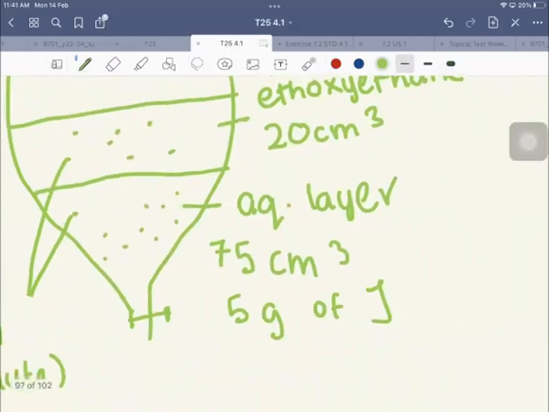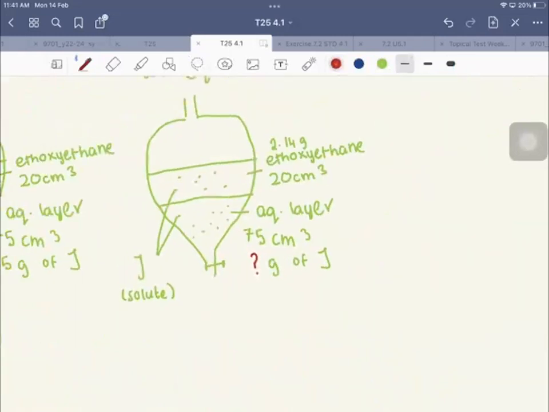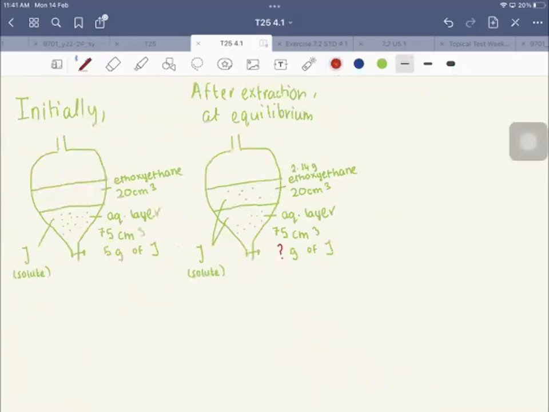That means my J in the aqueous layer has now changed. Okay, but that's not a problem because you know that J initial is equals to J ethoxyethane plus J aqueous. You started with 5 grams.